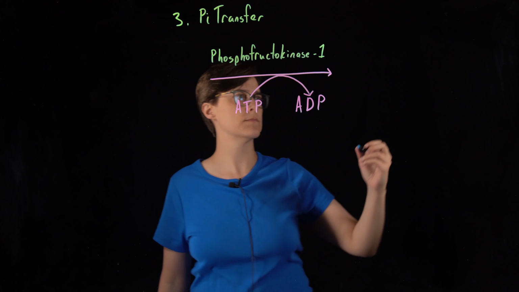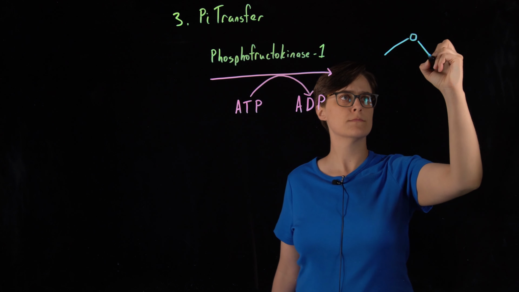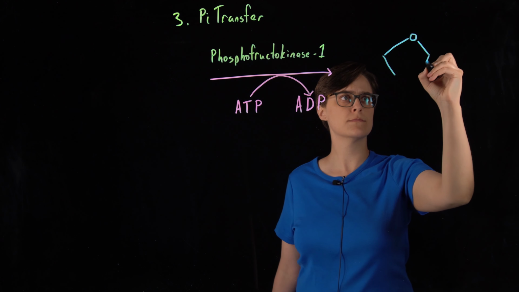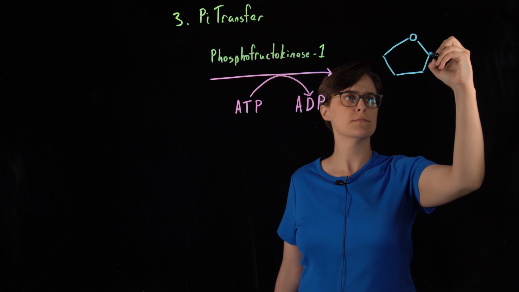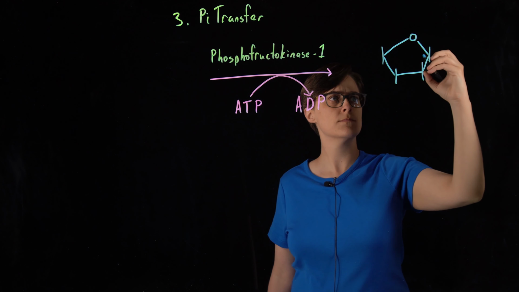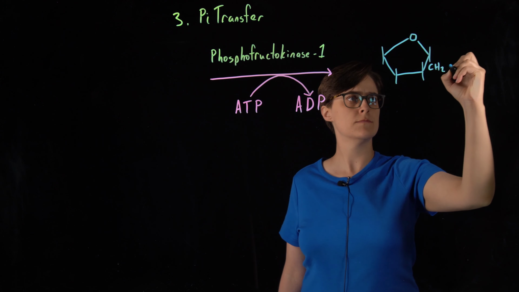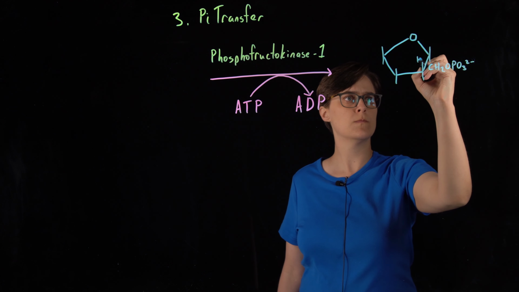And our compound is going to get that phosphate group added to it. So what we're going to end up with is fructose 1,6-biphosphate. So here we still have our 5-membered fructose ring with a total of 6 carbons, but we now have 2 phosphate groups. One of them is on carbon number 1, the other is on carbon number 6.